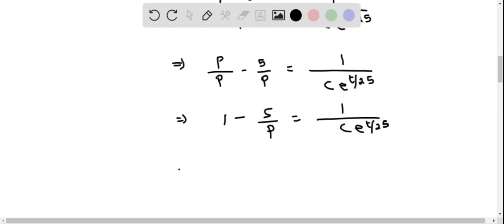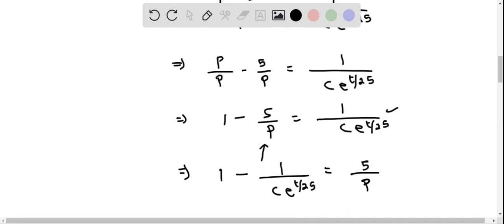Now we can add this to both sides, and when we do that and also subtract this from both sides, we get 1 minus 1 by c times e raised to the power of t by 25. This equals 5 by p.